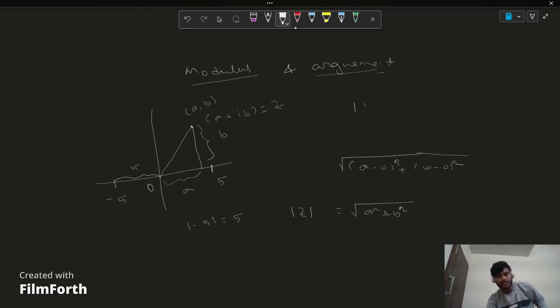What will be the mod of i then? I have told that i is defined to be at the same distance as 1, then mod of i is the distance between 0 and i, which is the same as the distance between 0 and 1. Then mod of i will be defined to be 1.